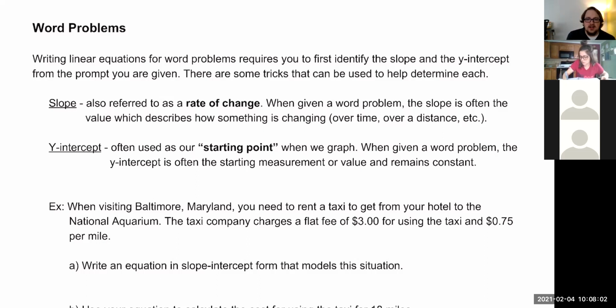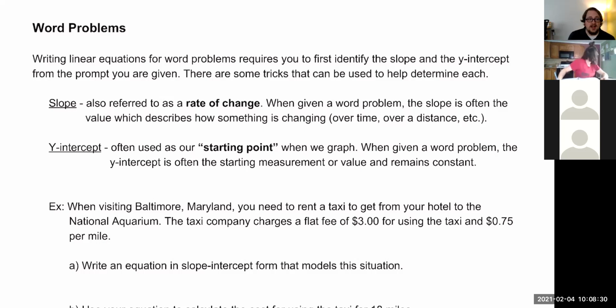So what I've done here is try to give you kind of a mindset, because we're still talking linear equations, and ideally we still want them in slope-intercept form. So boil it all down, I'm pretty much just asking you to find the slope and the y-intercept. So it helps to know, outside of what they mean for just the line, what they mean in terms of the real world.